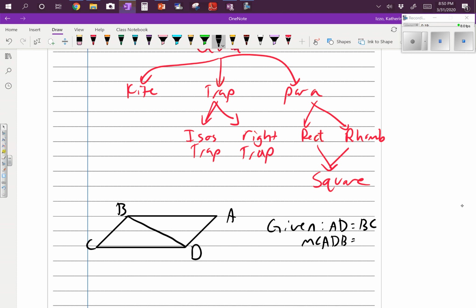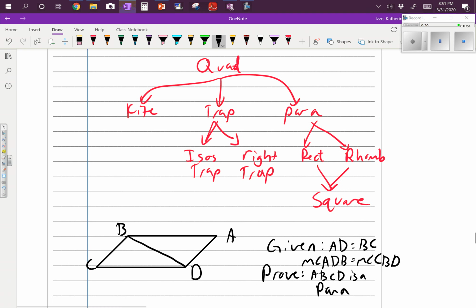Given measure angle ADB equals measure angle CBD. All right. We're going to prove that ABCD is a parallelogram. Our mission is to get to parallelogram.